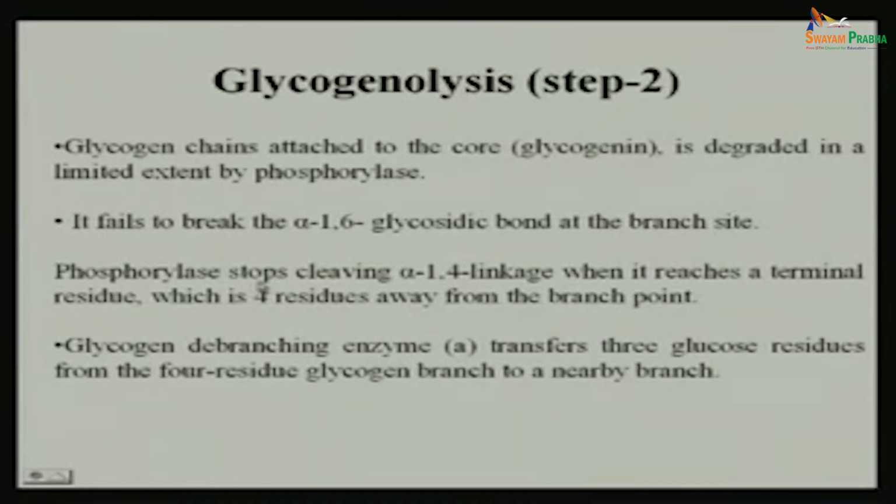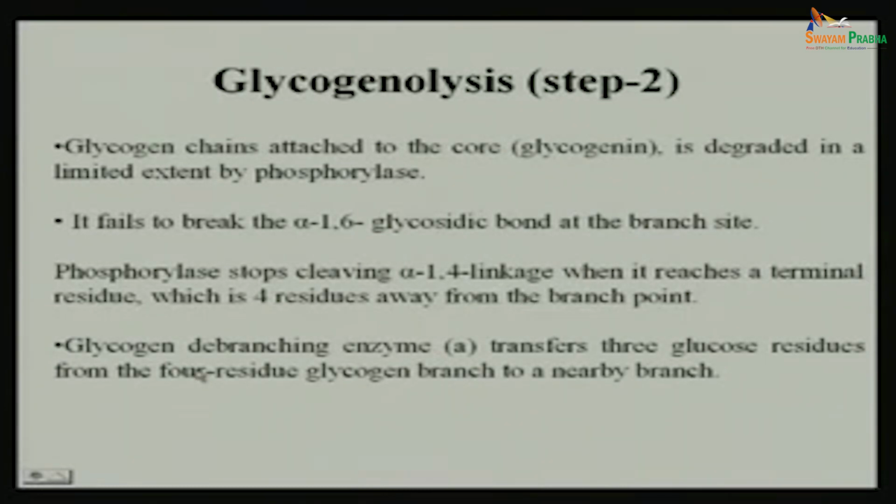Phosphorylase enzyme stops cleaving alpha-1,4 linkages when it reaches the terminal residue, which is 4 residues away from the branching point. This is a very interesting mechanism.